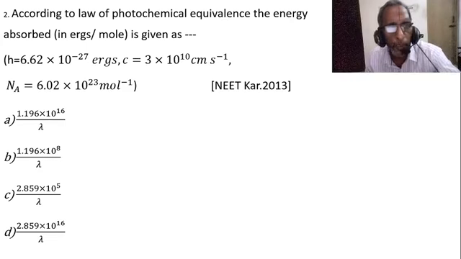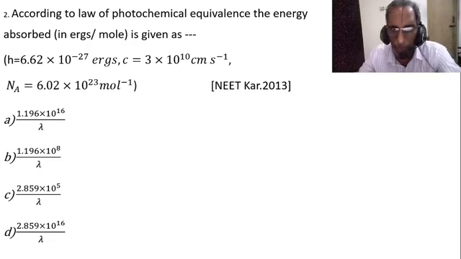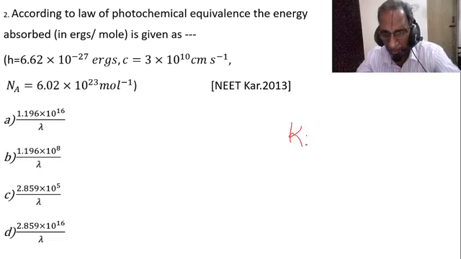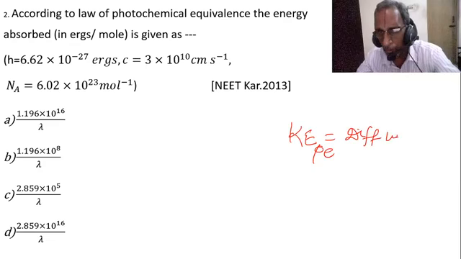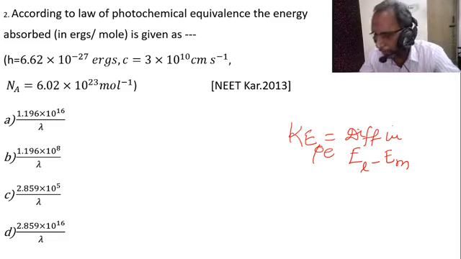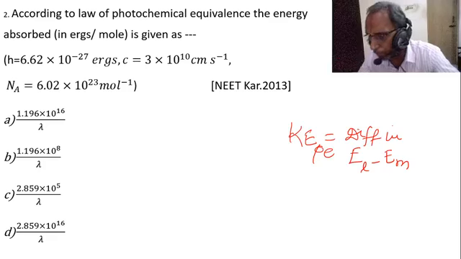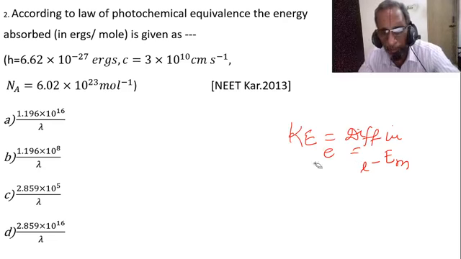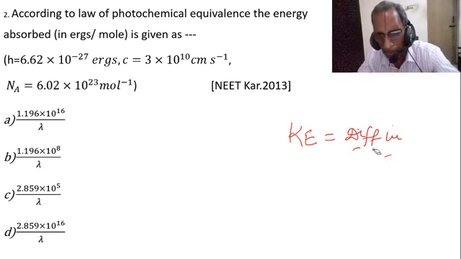What is the law of photochemical equivalence? For the law of photochemical equivalence, the kinetic energy of the photoelectrons is equal to the difference in energy of light radiation and the work function of the metal. Physics, that is the law of photochemical equivalence.